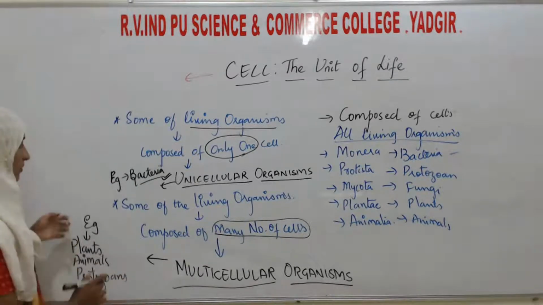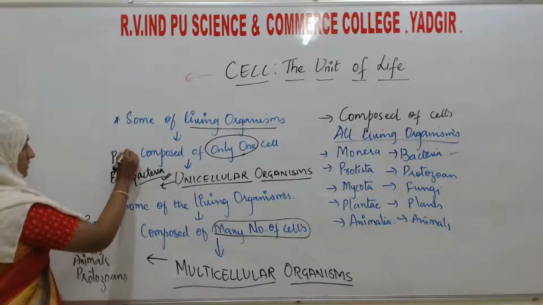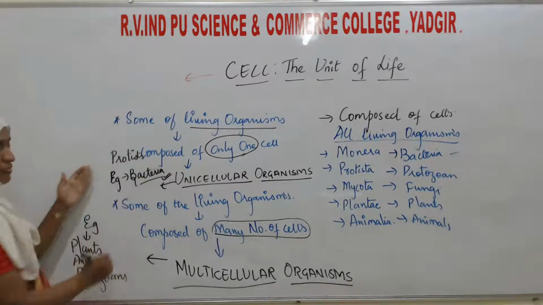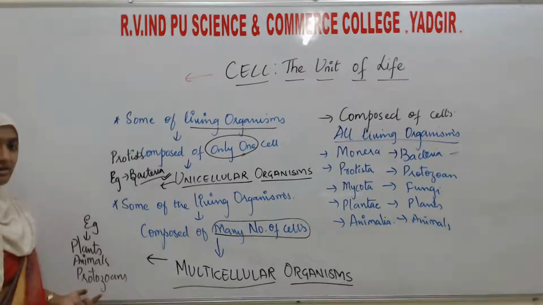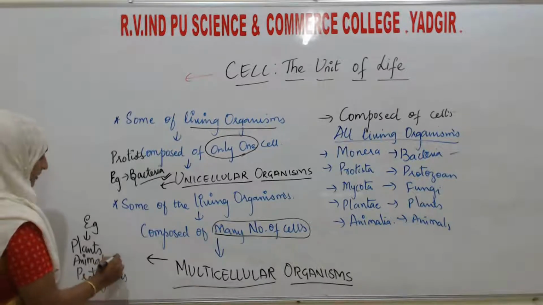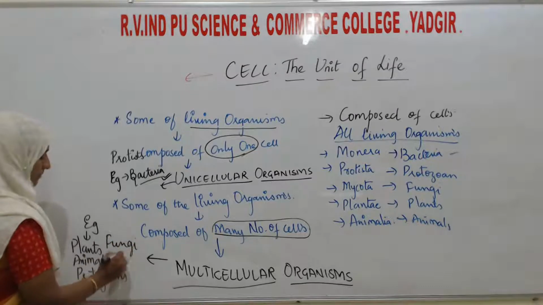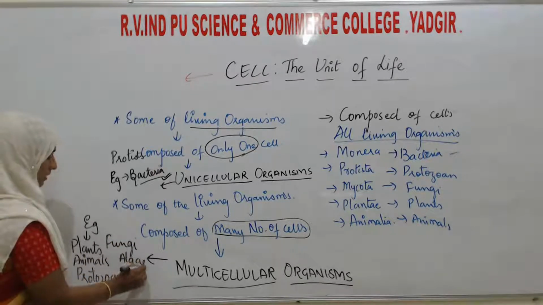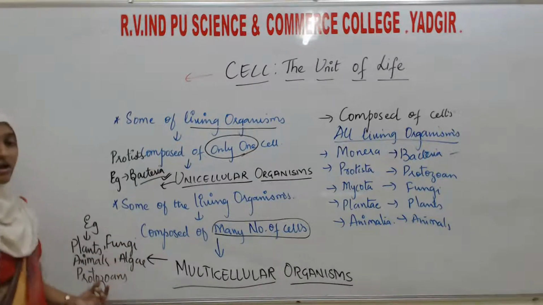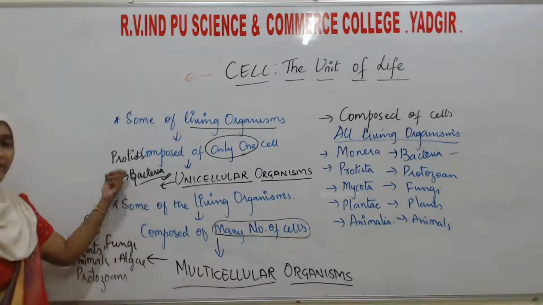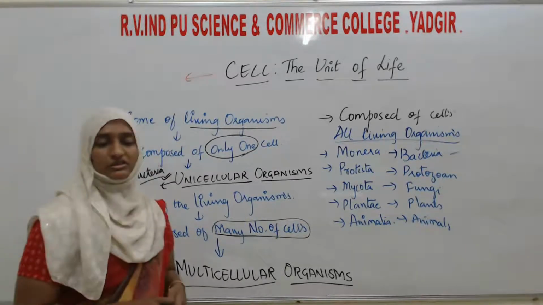Some of the protozoans or protists will be unicellular and some of them will be multicellular. Then plants, animals, fungi, algae, these are all multicellular, except bacteria and some of the protists.